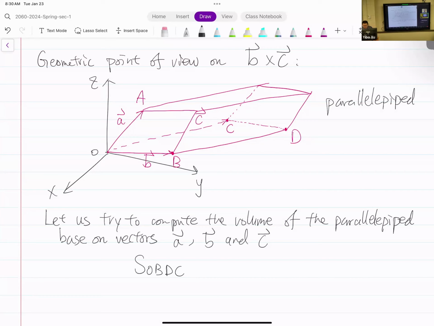So what do we do about the height? So what we need is, for any point on this top parallelogram, the distance is going to be the same, right? So for whatever point on here, the distance to the base is going to be the same. So for that point A, we can just draw an orthogonal projection, and let's say this point is P. Okay, so orthogonal projection down to the bottom plane, right?